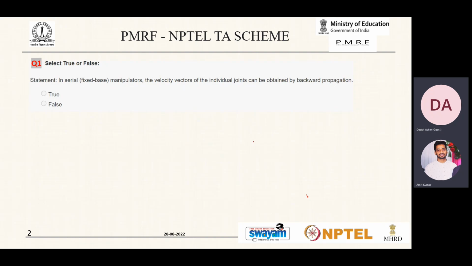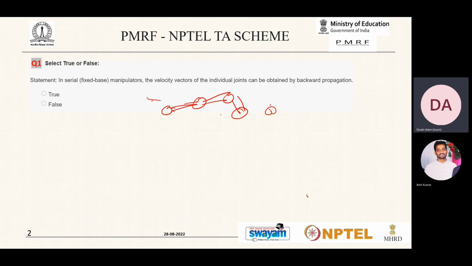If you talk about a serial manipulator, suppose this is one example of a serial manipulator, and this is just fixed. What we are talking about here is that if we are given the x position of this end effector, or rather x dot, the velocity vectors, that is the x dots of the individual joints, can be obtained.